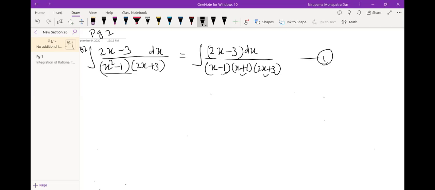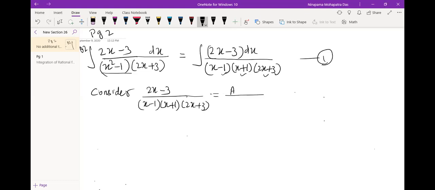Now here consider 2x minus 3 divided by x minus 1 into x plus 1 into 2x plus 3. So 3 linear factors.